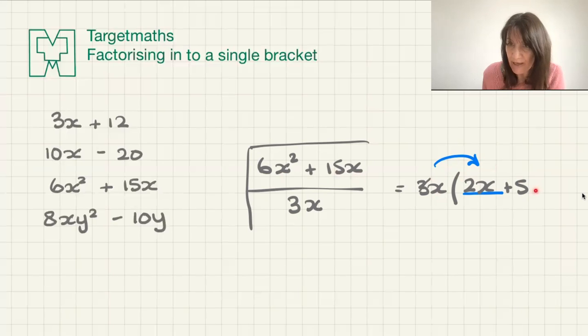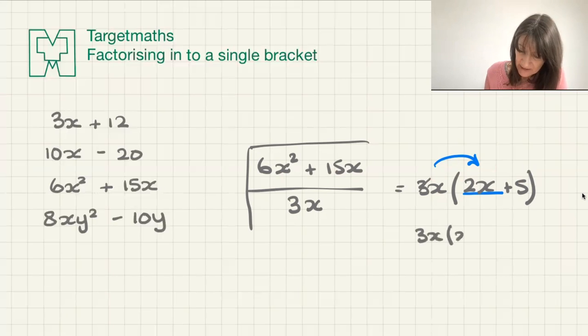I don't want to be putting another one there or I'm going to create x squared. So actually, I am finished at that point. I don't want to do any more. So the answer, just to make it clear, is 3x(2x + 5). And like I say, you can always expand to check and see whether or not that is giving you the right answer.